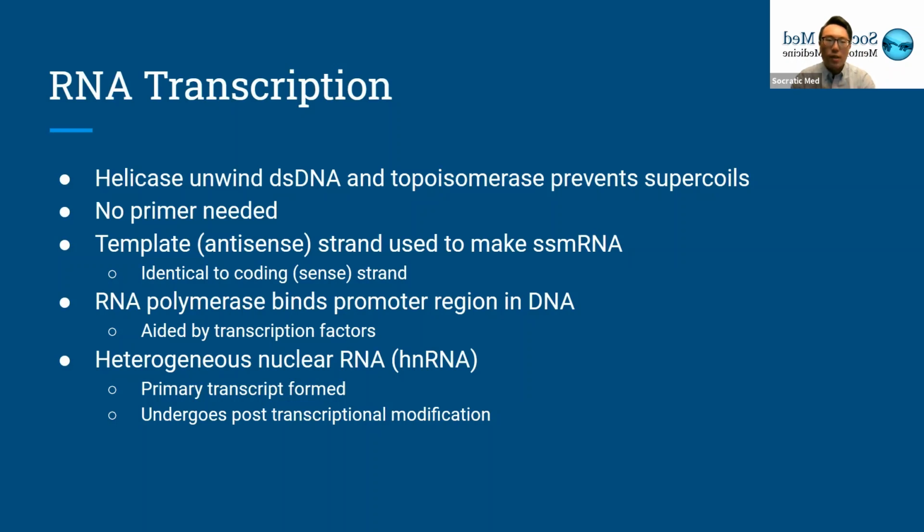So if you see a template or antisense strand, the mRNA created will be the opposite base pair to that. If the template has an A, the mRNA would be a U, while if it was a G, then the mRNA would be a C.